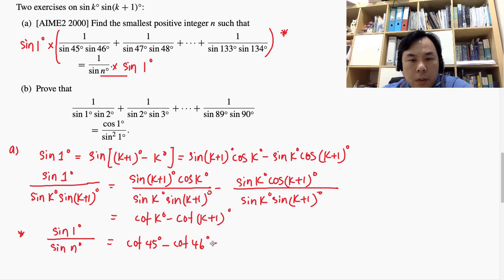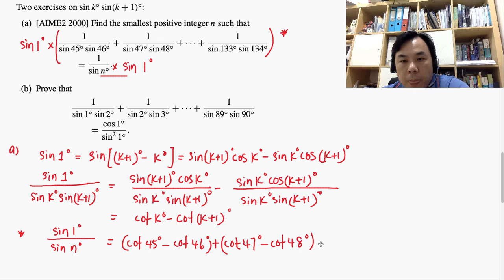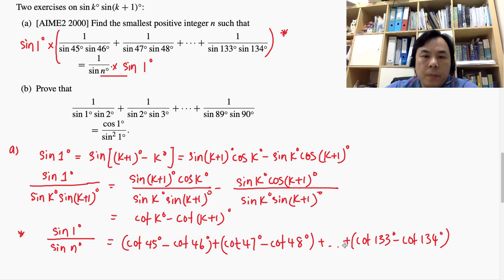And then plus cotangent 47 minus cotangent 48, and so on and so forth until we get cotangent 133, subtract off cotangent 134 here. Okay, alright. So I'm going to rewrite this one more time on top.